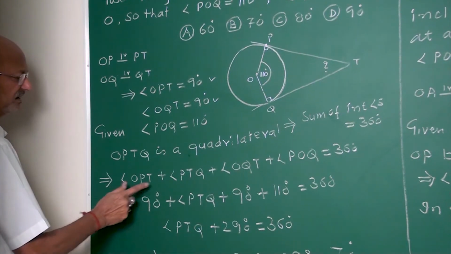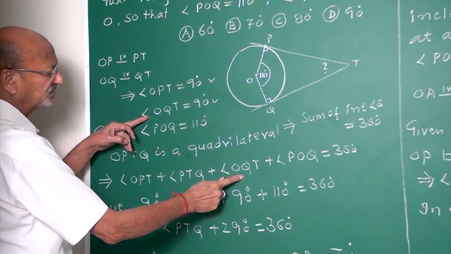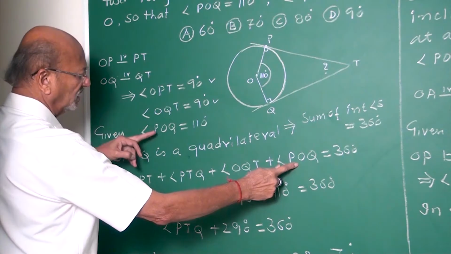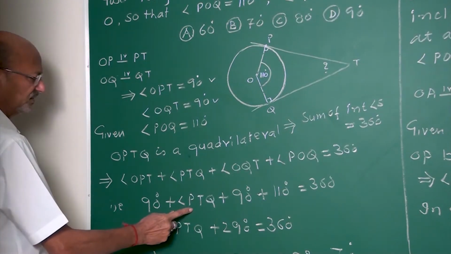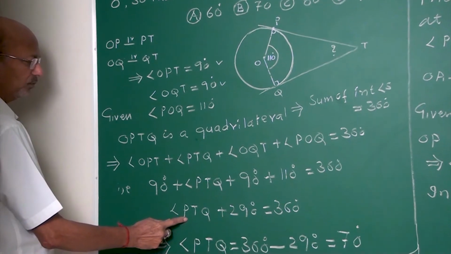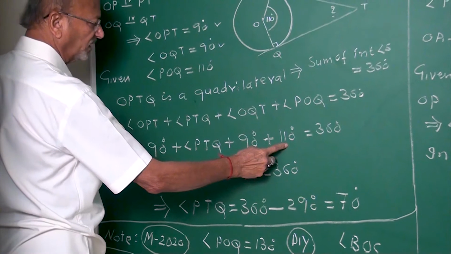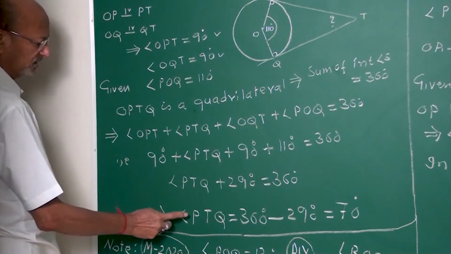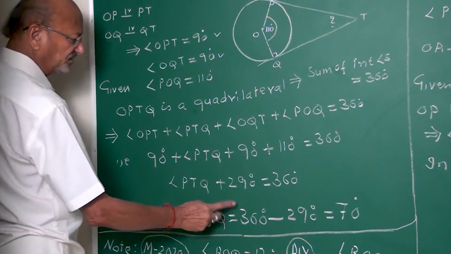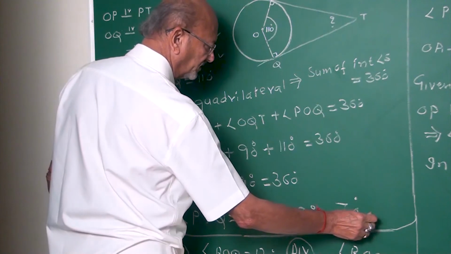OPT is 90, OQT is 90, POQ is 110, and this is angle PTQ. 90 plus 90 is 180, plus 110 is 290, equal to 360 with PTQ. Therefore, this angle equals 360 minus 290, which is 70 degrees.